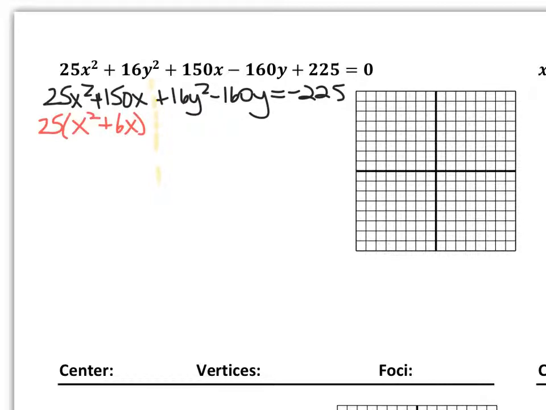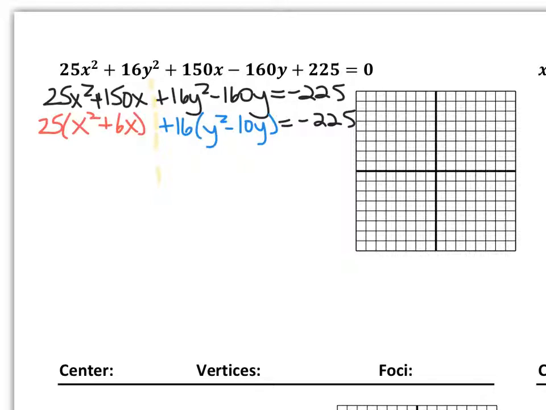Then I'm going to do the same thing with the y's, plus 16 parentheses y squared minus 10y equals -225.